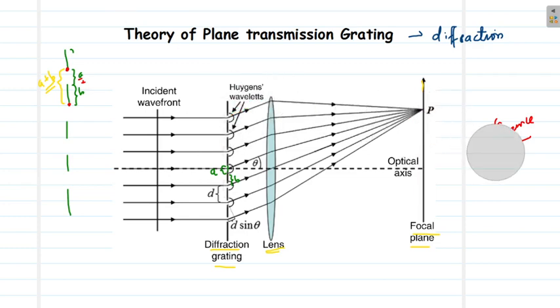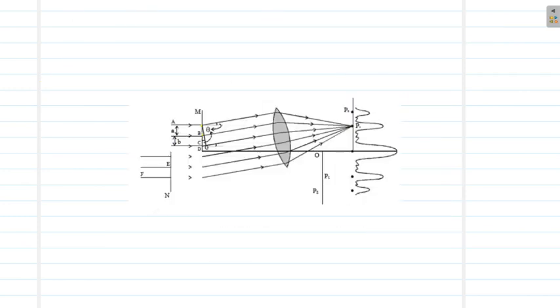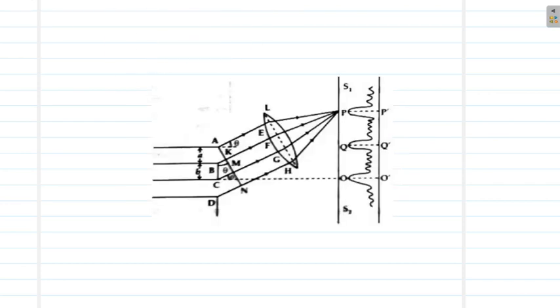Let us derive an equation for the path difference between two successive wavelets produced by two consecutive or adjacent transparent regions. In order to find the path difference, the normal method that we follow is to draw a perpendicular. This is another picture, where we can see in a more detailed manner.